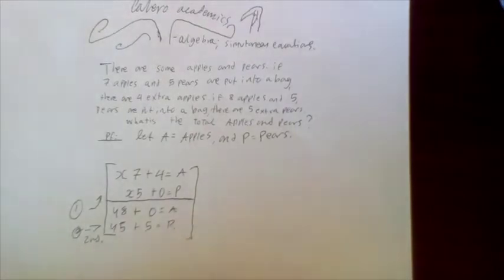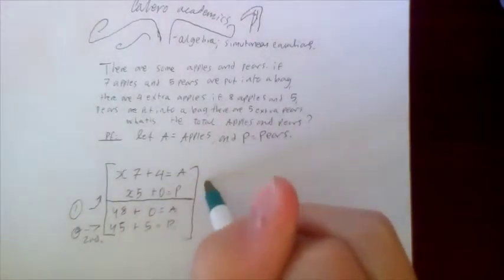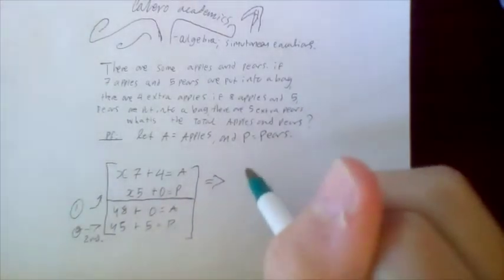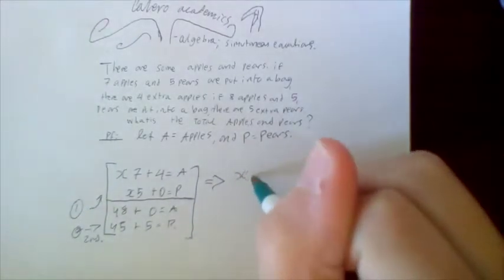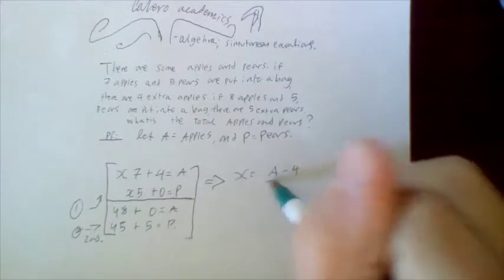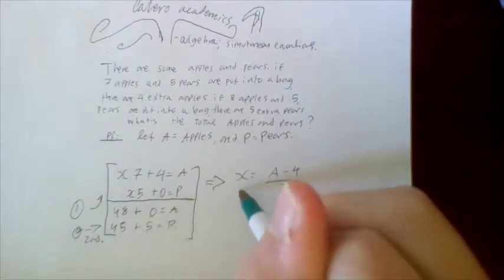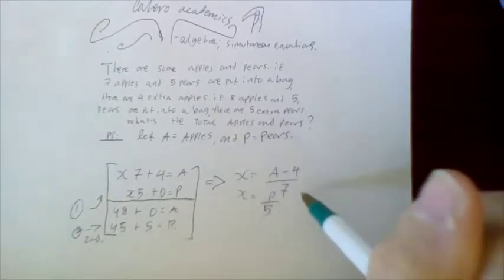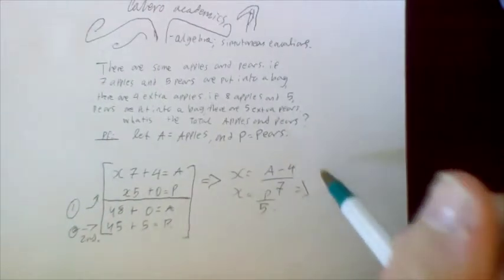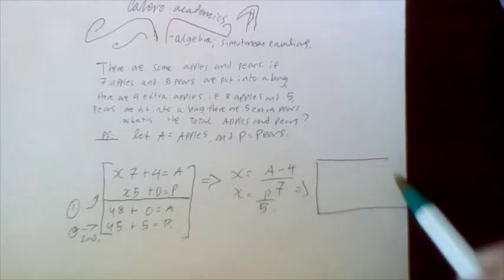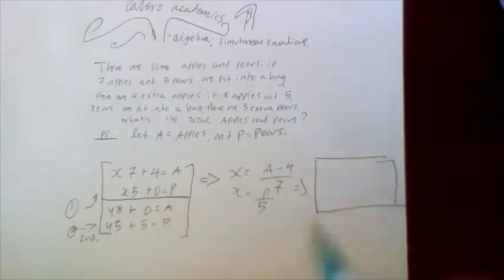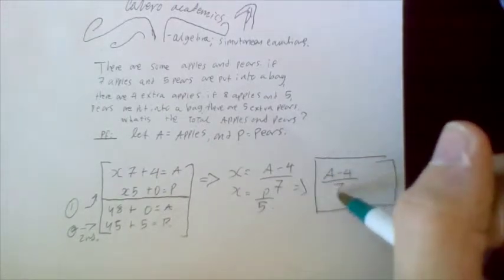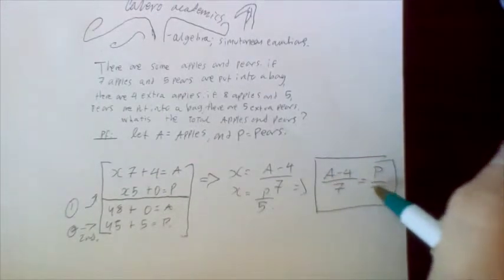So now, for our first equation here, we can solve for X as X equals (A minus 4) on 7, and X equals P on 5. Now we can equate the sides, and we get our first important equation, which is that (A minus 4) on 7 is equal to P on 5.